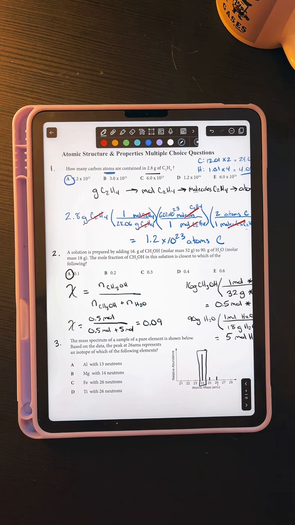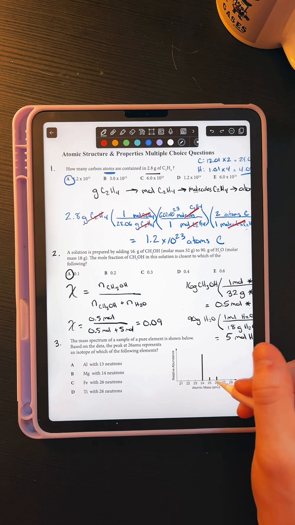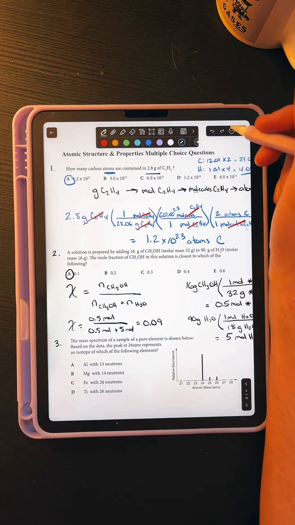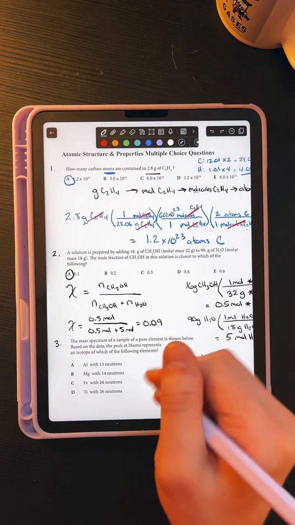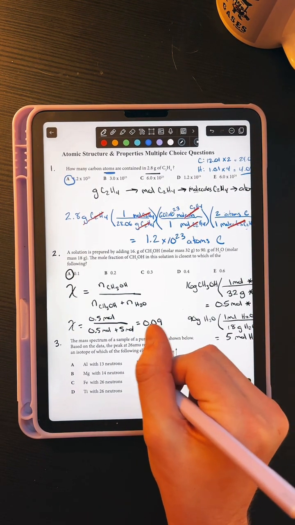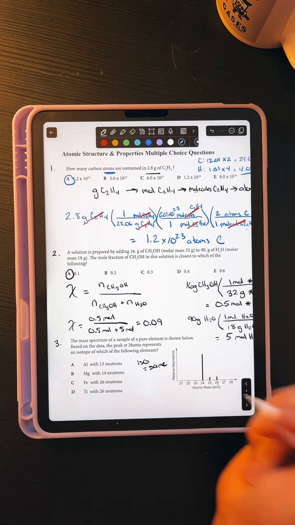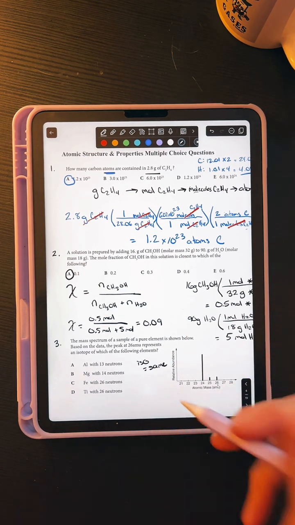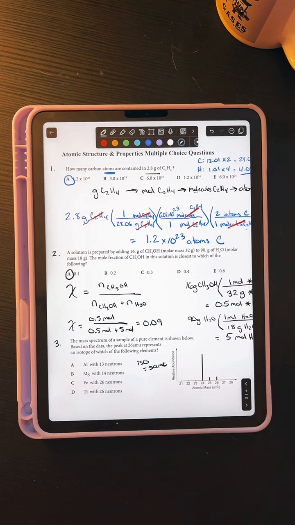So our mass of our sample, of our element, is primarily 24. But then we have these other little peaks here, and these are called isotopes. An isotope is, if we look at the word, iso equals same. So we're looking at the same element, but something different.